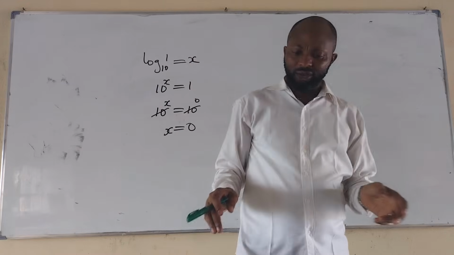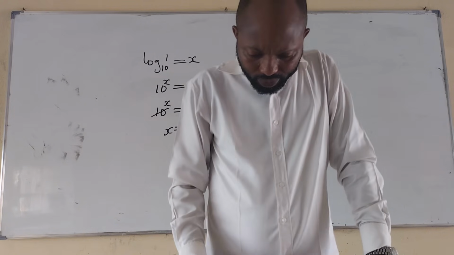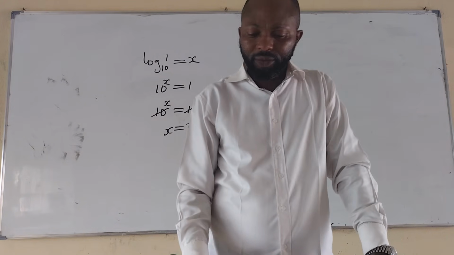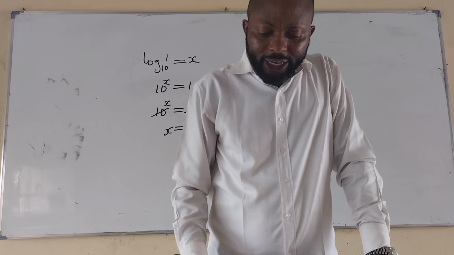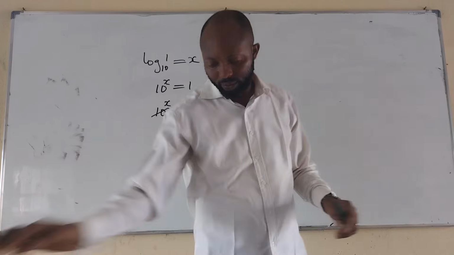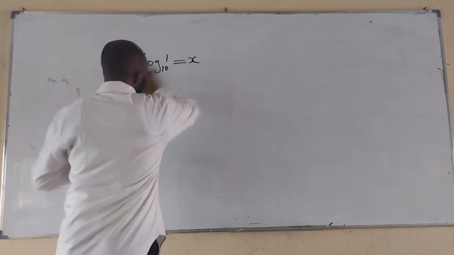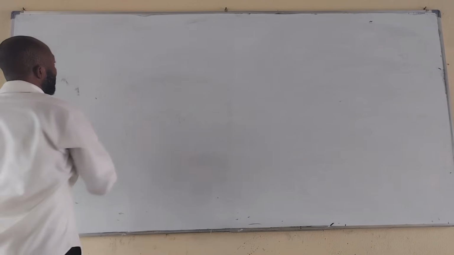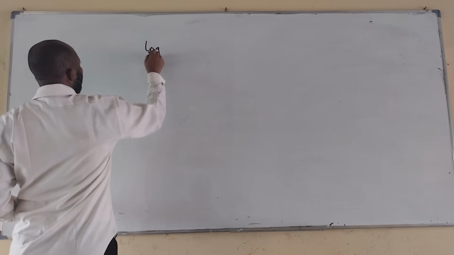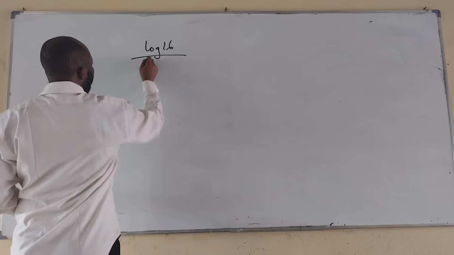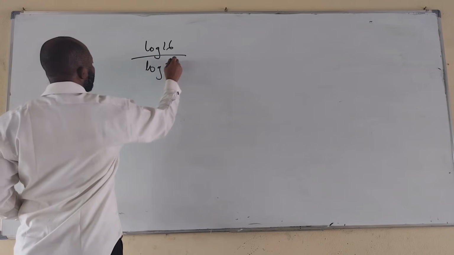Let's take some questions and see what we get. Let's take log 16 over log 32. We have log 16 divided by log 32.